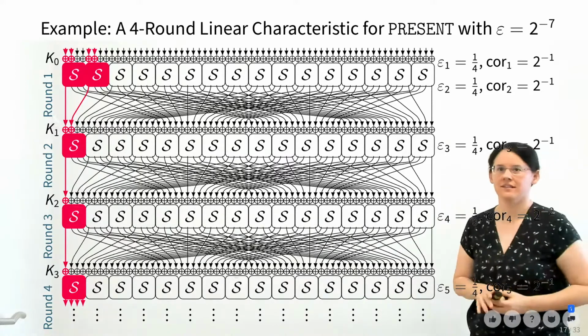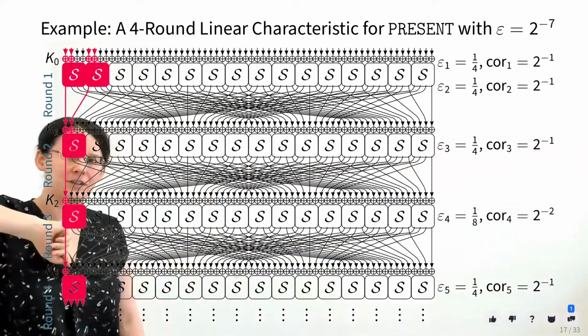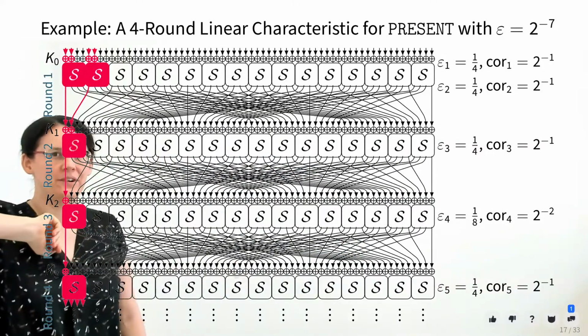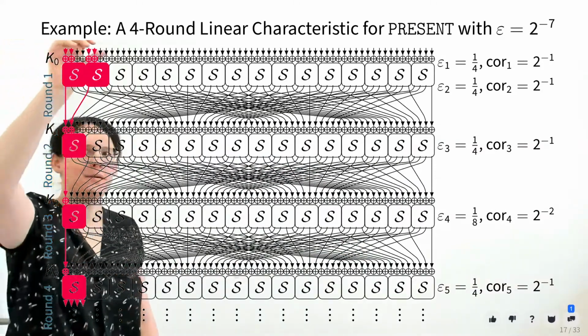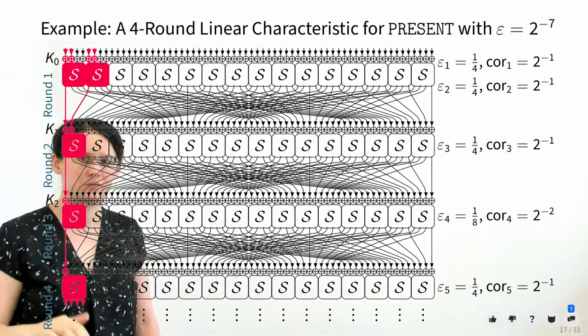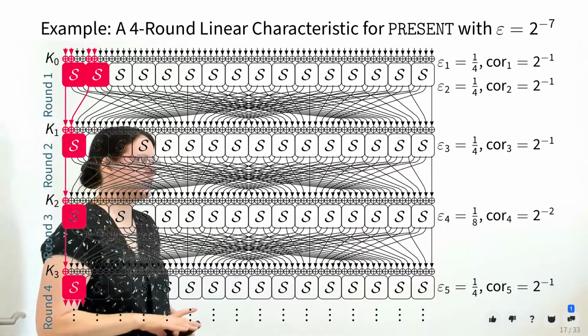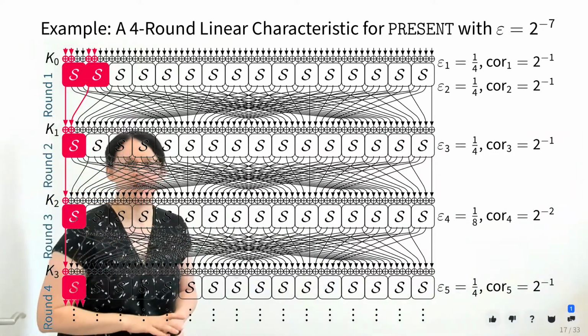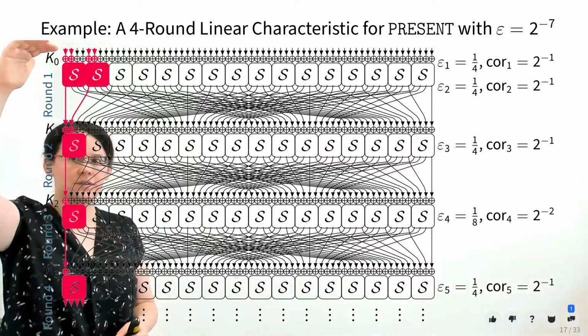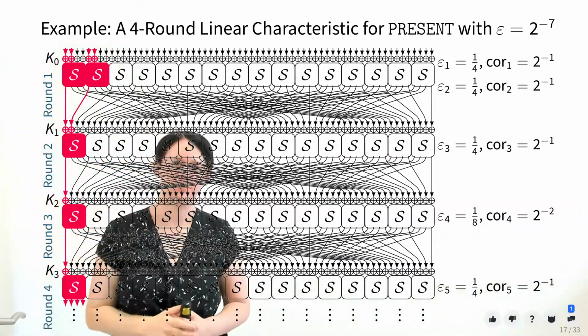And the question asker observed correctly that in this picture here, I went about this very naively. So I just set some mask here and then just derived the best choices for the rest. And this works good enough in this example, but of course it's not perfect because there could be a different input mask that gives a better characteristic afterwards.